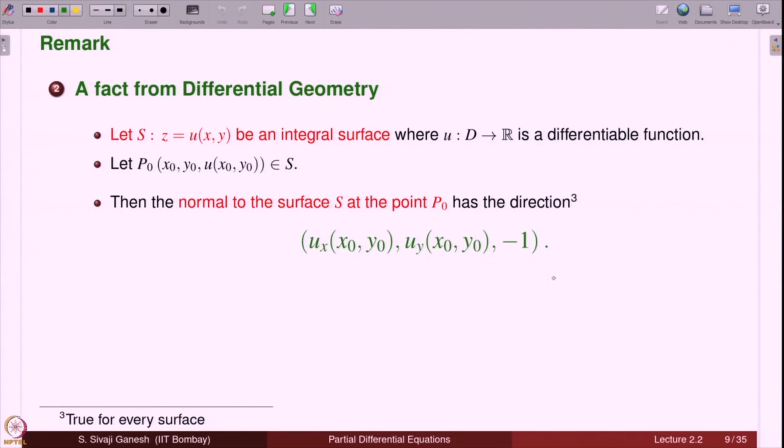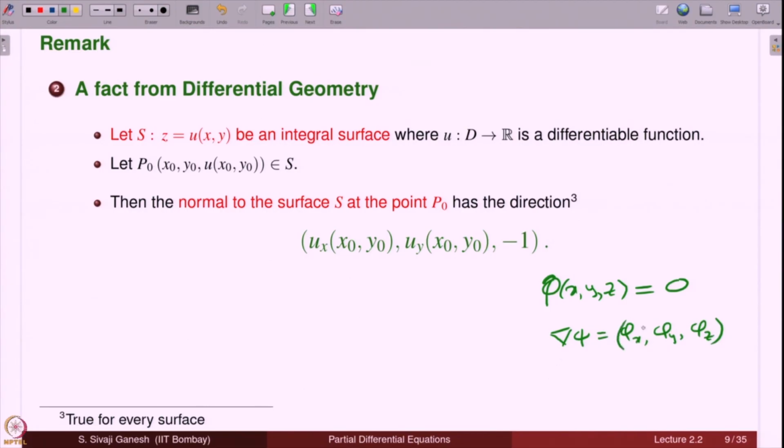There is a more general result, I will write only roughly. Phi of x y z equal to 0. If this is a surface, then grad phi, namely phi_x, phi_y, phi_z, will represent a normal.